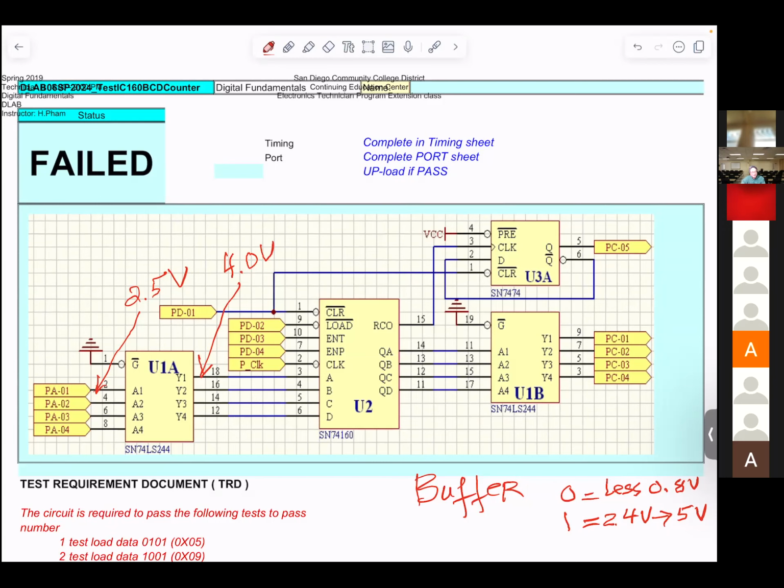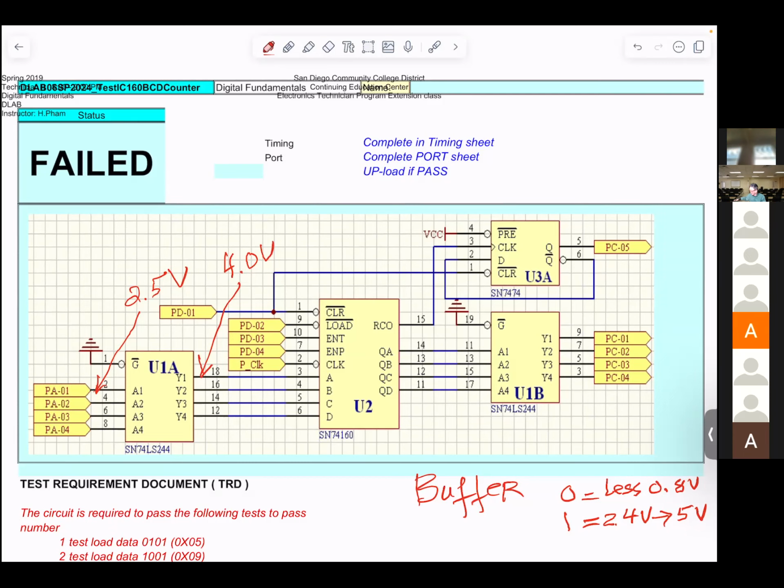Okay? That means it can be 0.2 volt or 0.1 volt. It's still a logic 0. So now you understand why they need the buffer. In and out the same, but a different voltage. Okay? That is the key.